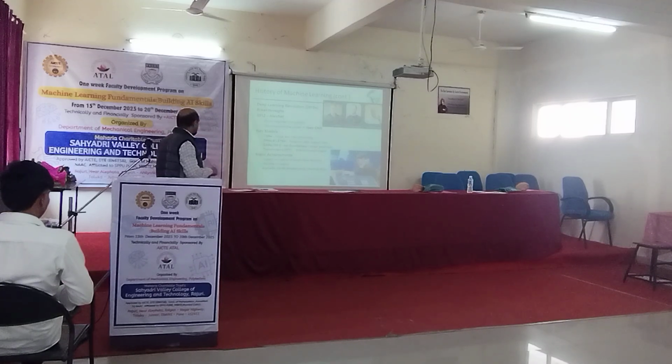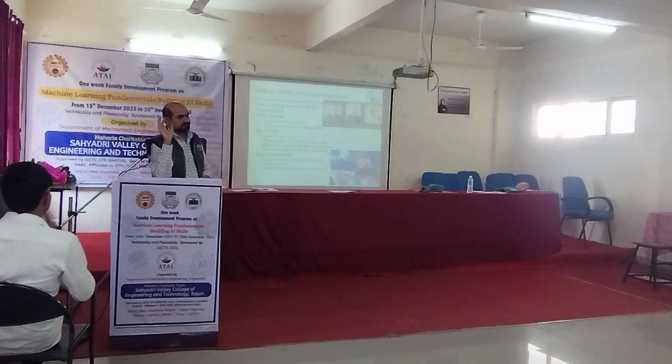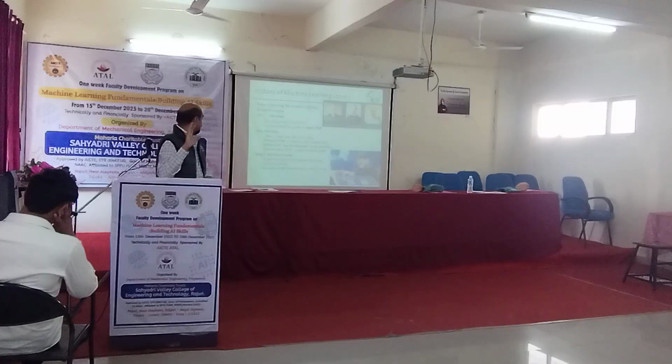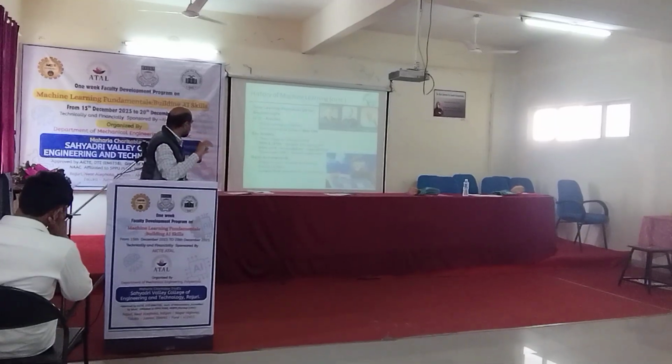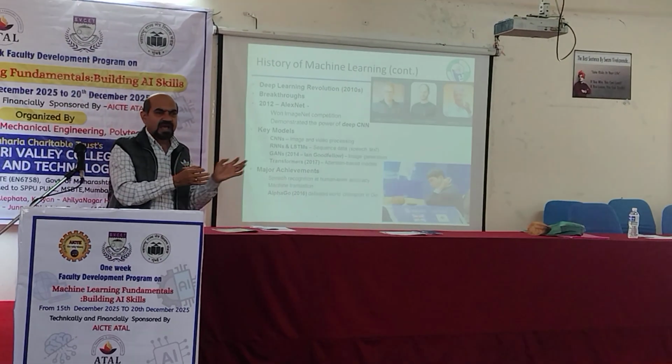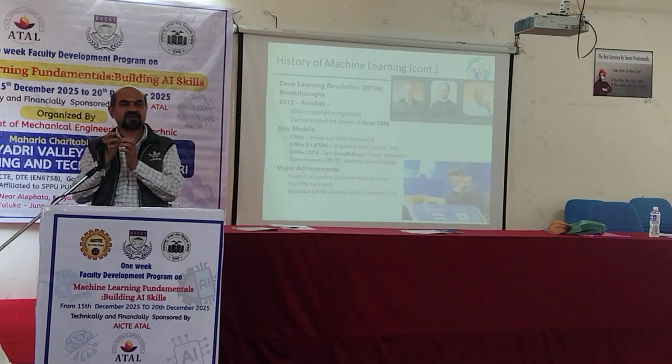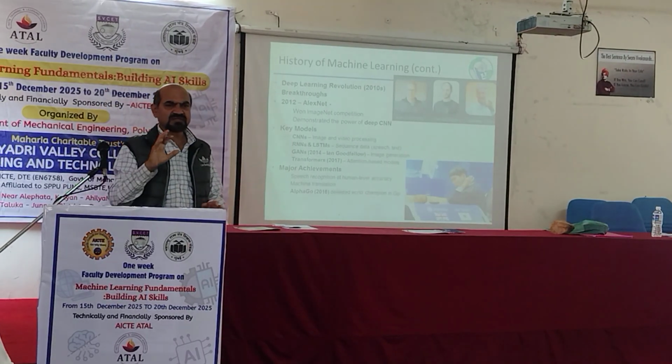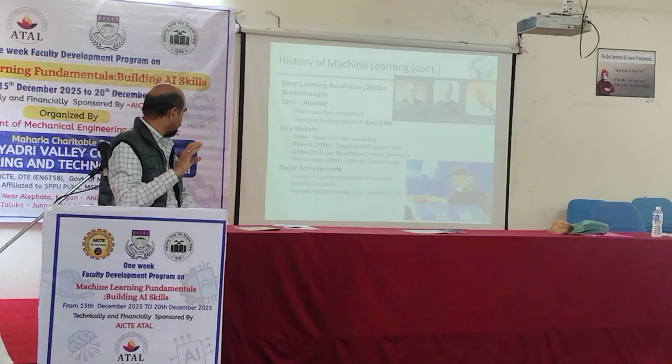In 2010, these three persons developed AlexNet, a machine learning model. Developed in 2012, AlexNet won the ImageNet competition. Huge image data was given, and it predicted with very nice accuracy, very nice results.